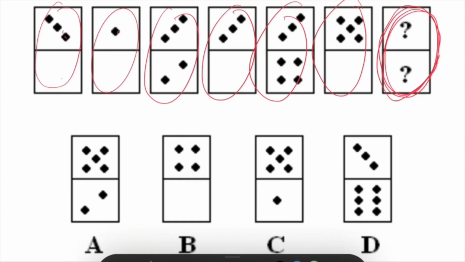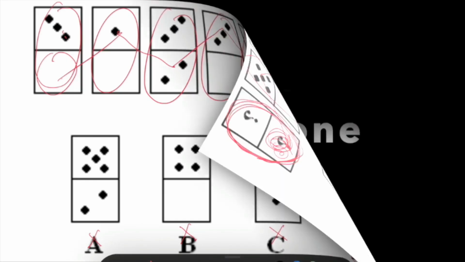Okay, this is blank, this is 1, this is 2, this is 3, this is 4, this is 5. So I expect here 6. So which one gives me 6 here? A does not, B does not, C does not, only D, which is the right choice.